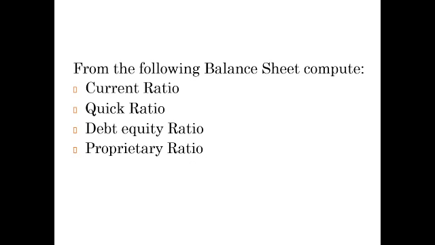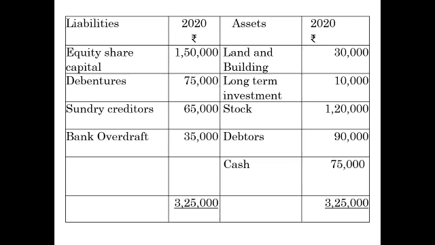So from the following balance sheet, you are required to compute the four ratios here: current ratio, quick ratio, debt equity ratio, and the last one is the proprietary ratio. So the balance sheet is given.